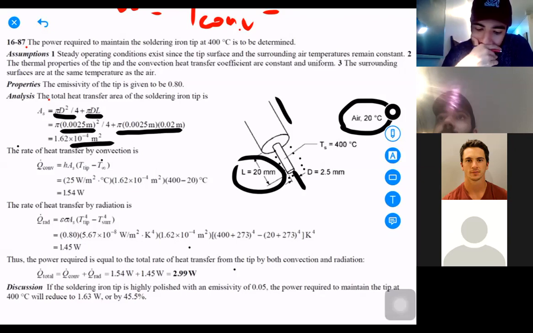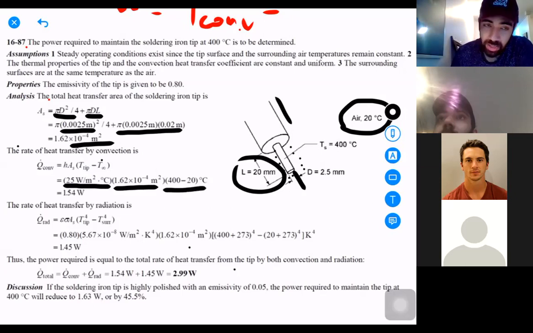That is equal to 25 watts per meter squared degrees Celsius, times the area, which was previously calculated as 1.62 times 10 to the power of minus 4, times the temperature difference, which is 400 at the surface all the way to the surrounding air at 20 degrees Celsius. That will give me an amount of 1.54 watts.